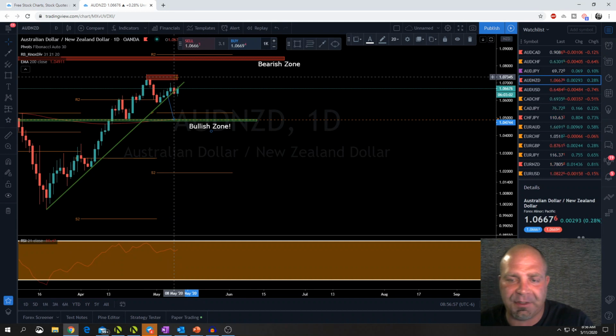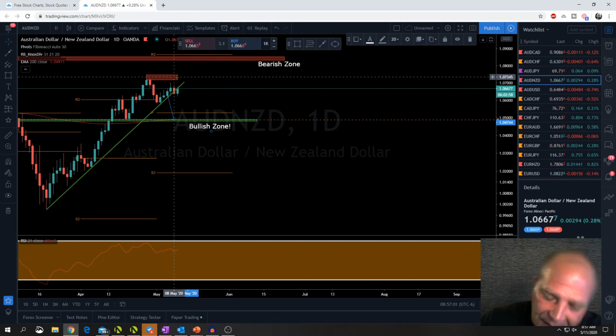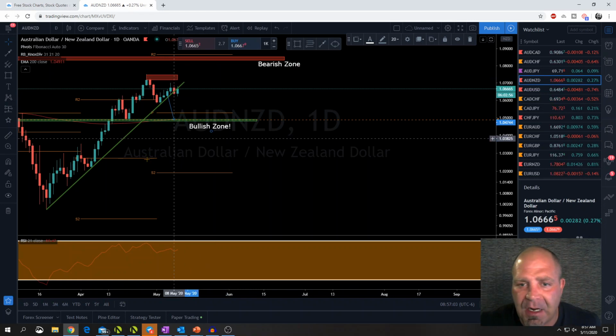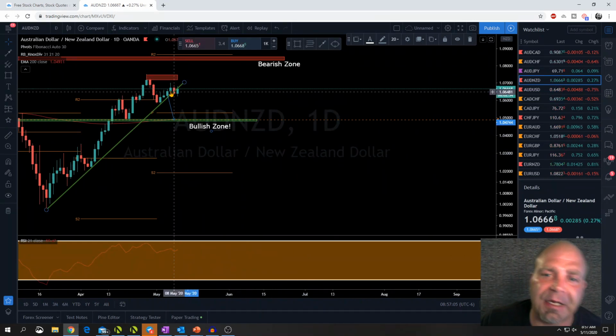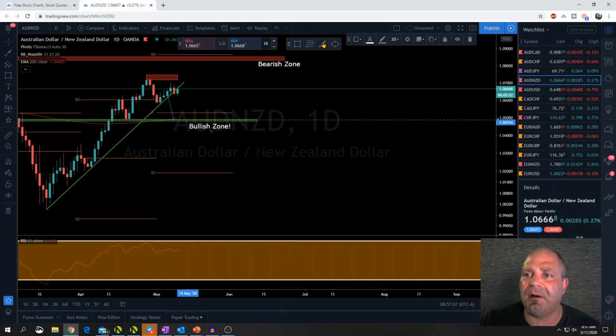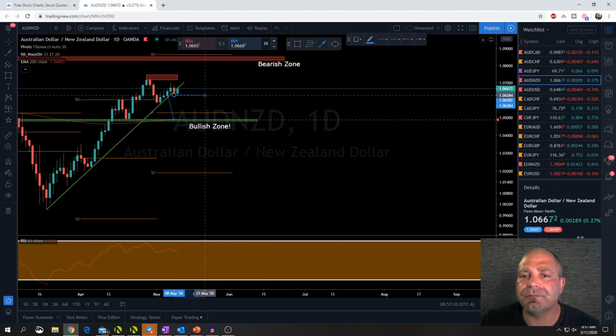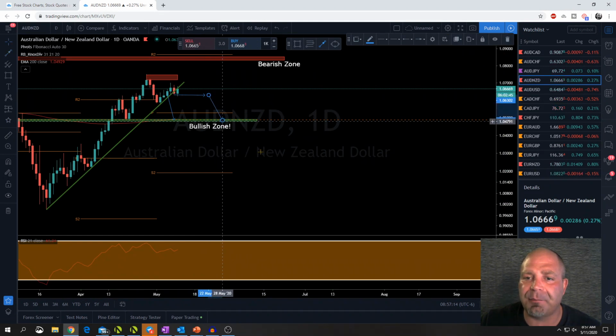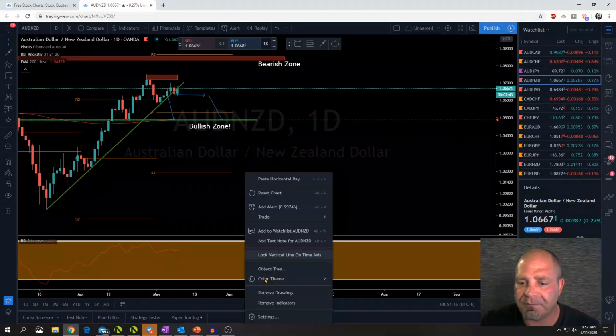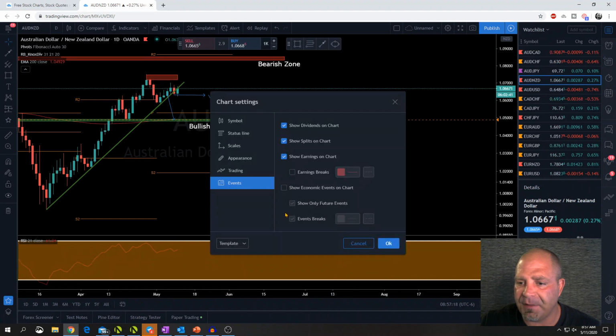Then you can set a pretty tight stop loss if you're wrong, if you use a stop loss. All right, so not a lot to report here. I think it's going to go sideways for a while, and then I'm going to look for some kind of play to there. Let's put our fundamentals on.